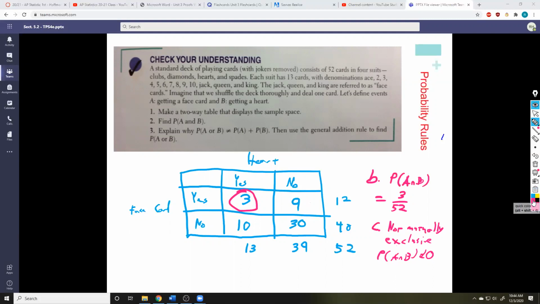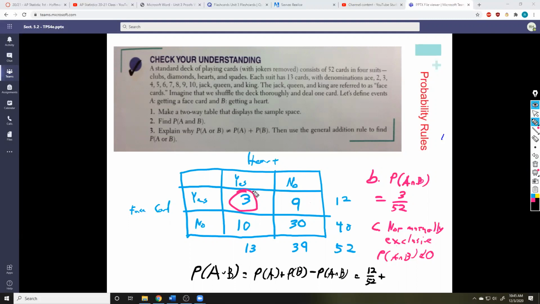So our general addition rule, the probability of A or B, the way that we should do this, is again the probability of A plus the probability of B minus the probability of A and B. So that is the probability of A, A was our face card, so that is 12 out of 52.